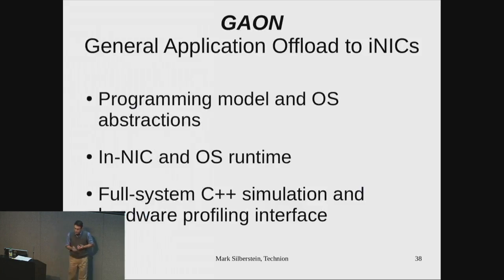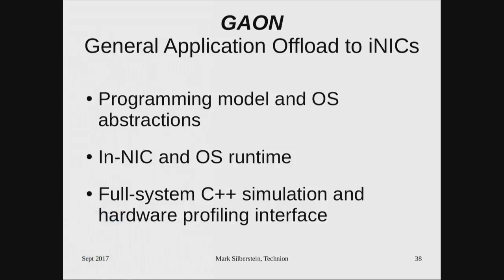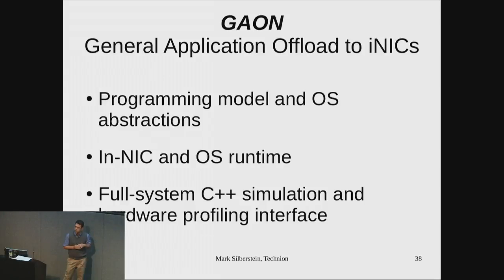To handle that, we need to introduce several new abstractions and, I would say, another runtime environment that helps us achieve these goals and overcome those challenges, both on the CPU side and inside the NIC.